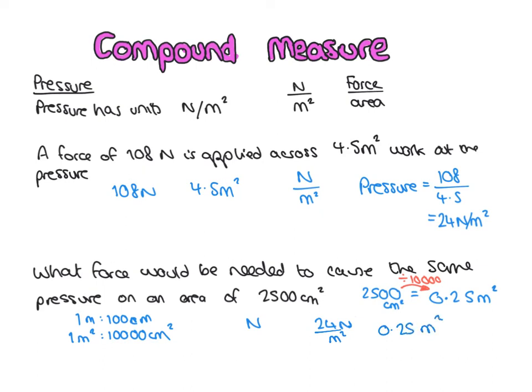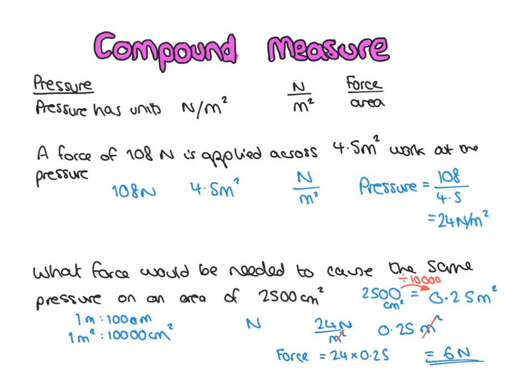And again, if we multiply these together, the metre squared will cancel out and we'll just be left with newtons. So the force equals 24 multiplied by 0.25, which is going to give us 6, because it's a quarter, isn't it? So the answer is 6 newtons.